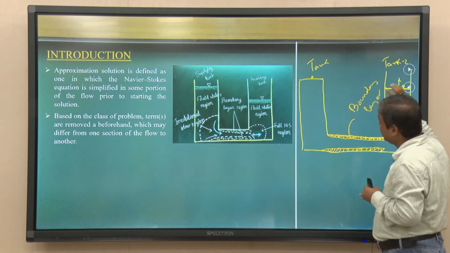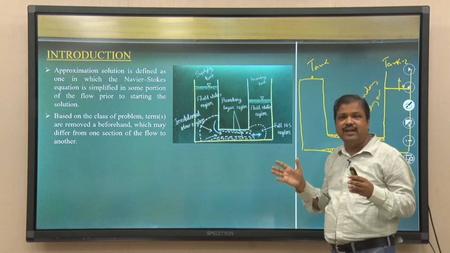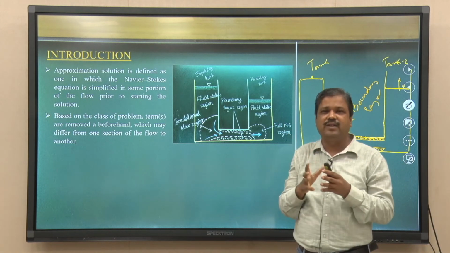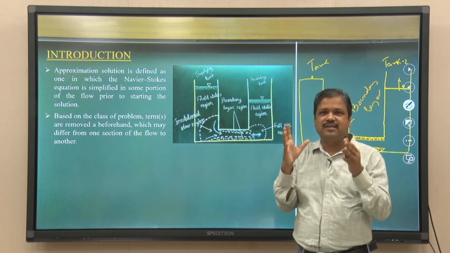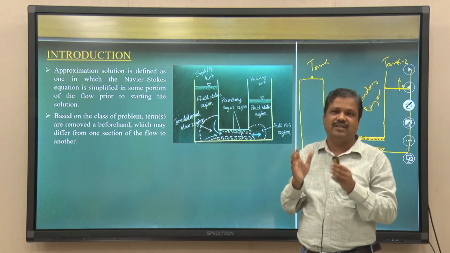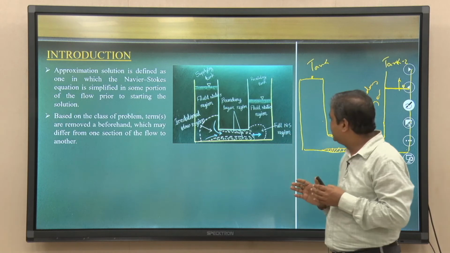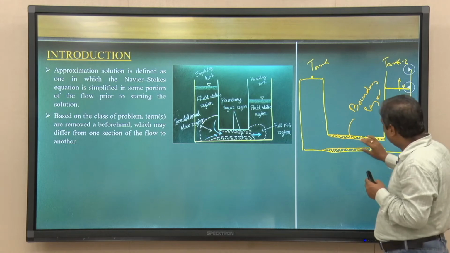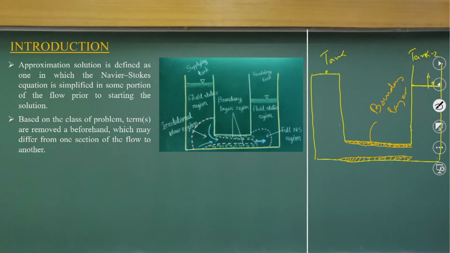That is the reason we define them as boundary layers: regions where you have vorticity and viscosity dominance, but this layer is very thin as compared to the flow domain. This is very close to the wall and very thin, but just to represent it, I have magnified it. It is not actually this thickness.